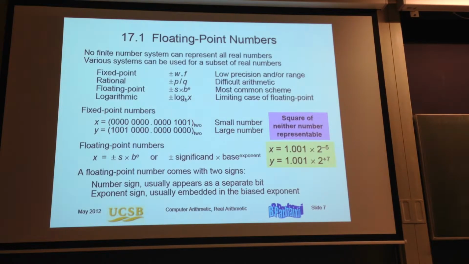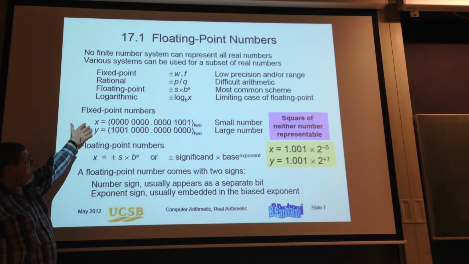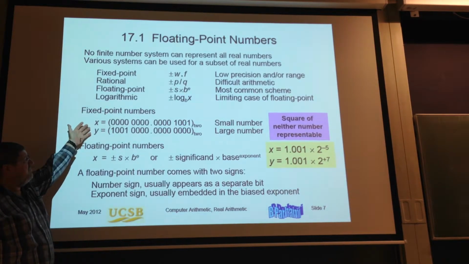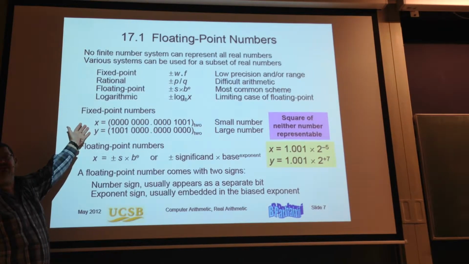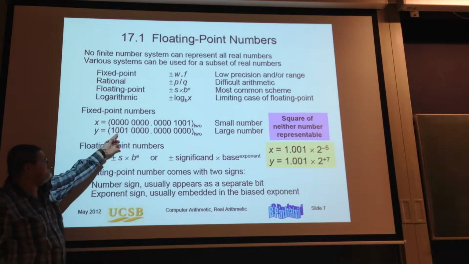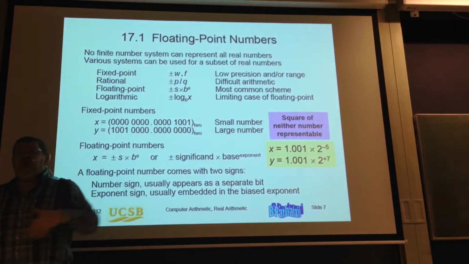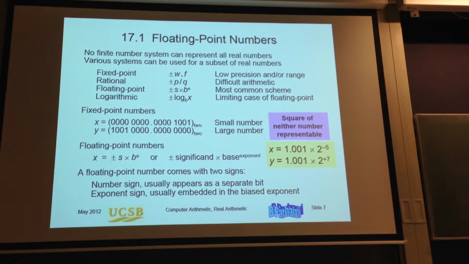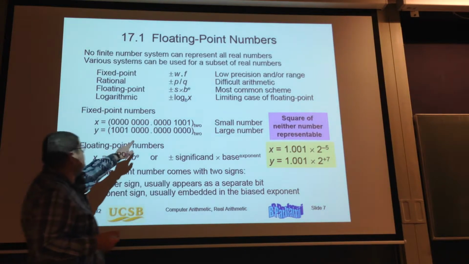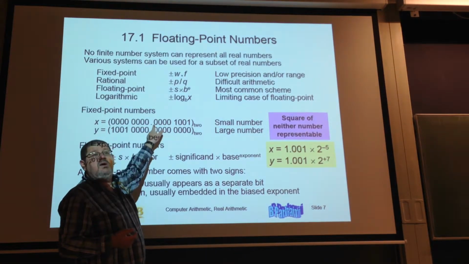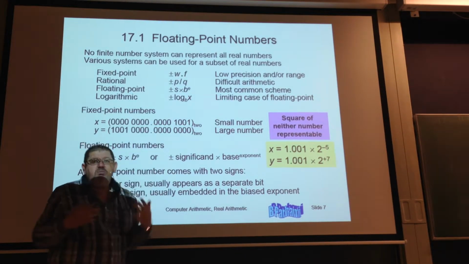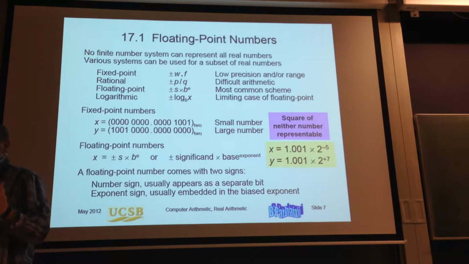For those two numbers, if I make the square of them, in both cases I will not be able to represent the result, because this will be too large and this will be too small. The floating point principle is you do the calculation and you move this point depending on what you want. But when you move the point, you have to remember that you moved the point.